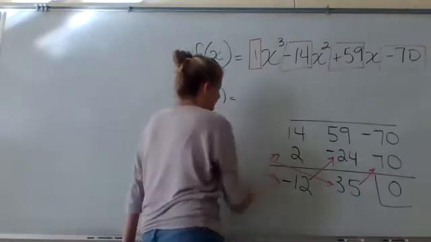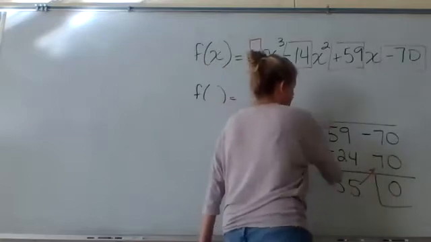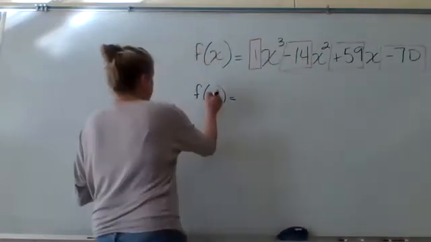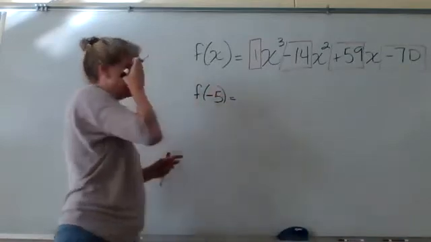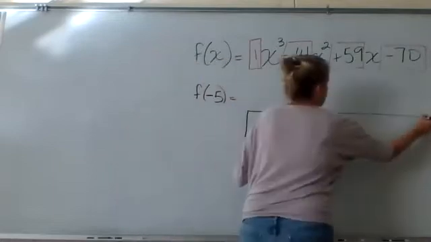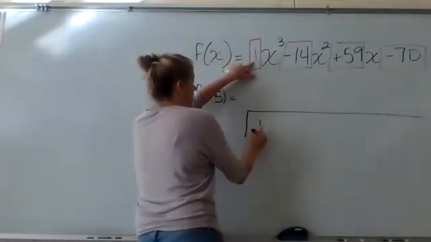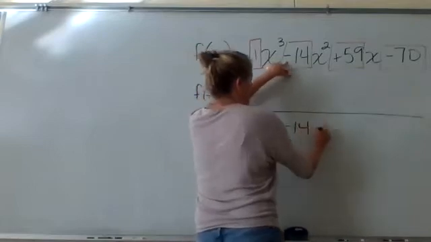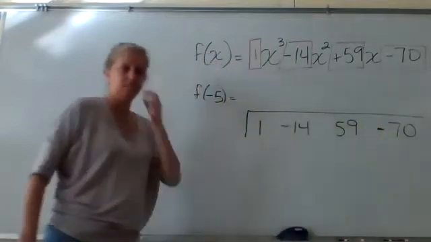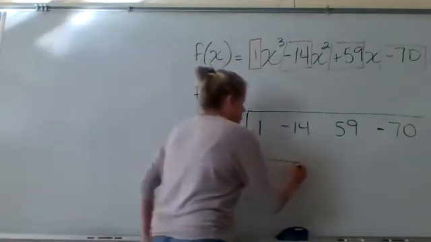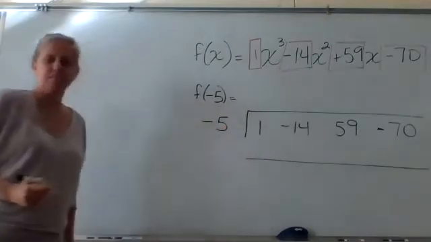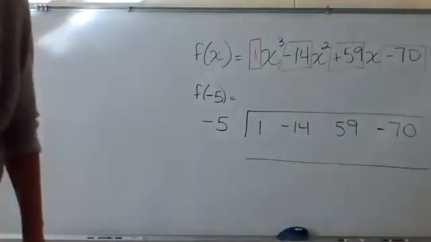Then it wants us to find f of negative 5. Doing the same thing. Oh, I should erase all of it. Need the same coefficients. So 1, negative 14, 59, and negative 70. Do the process. This time I'm just using negative 5 since I'm finding f of negative 5.